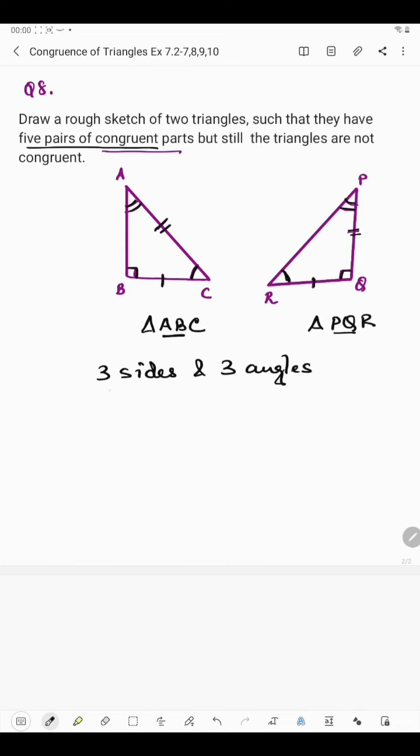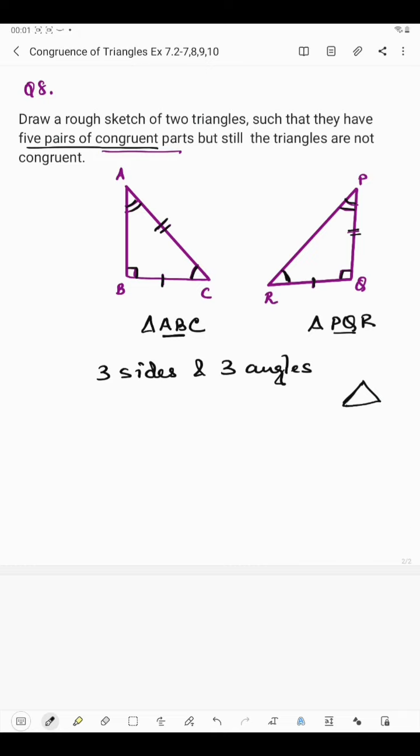If in a triangle 3 sides and 3 angles are equal to another triangle, then only 2 triangles will be congruent. If you put one triangle over another triangle, they overlap each other if the sides and angles are same.